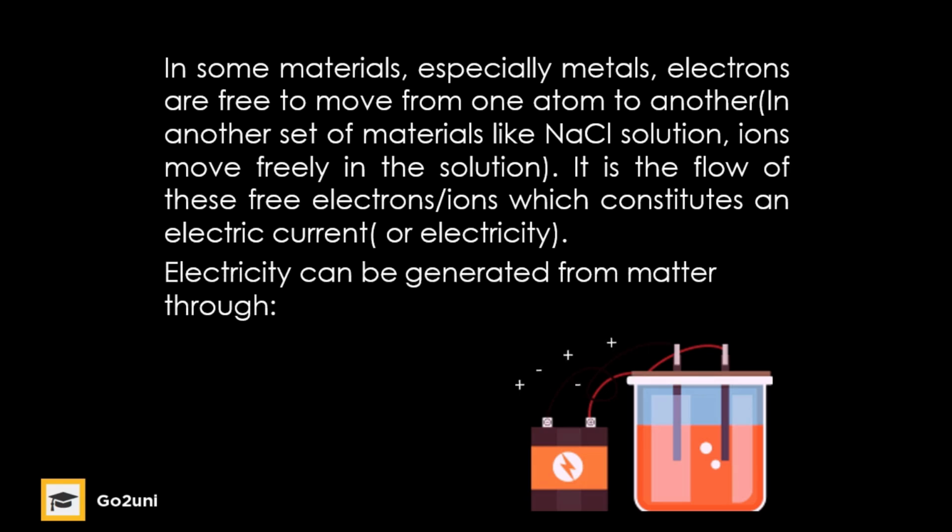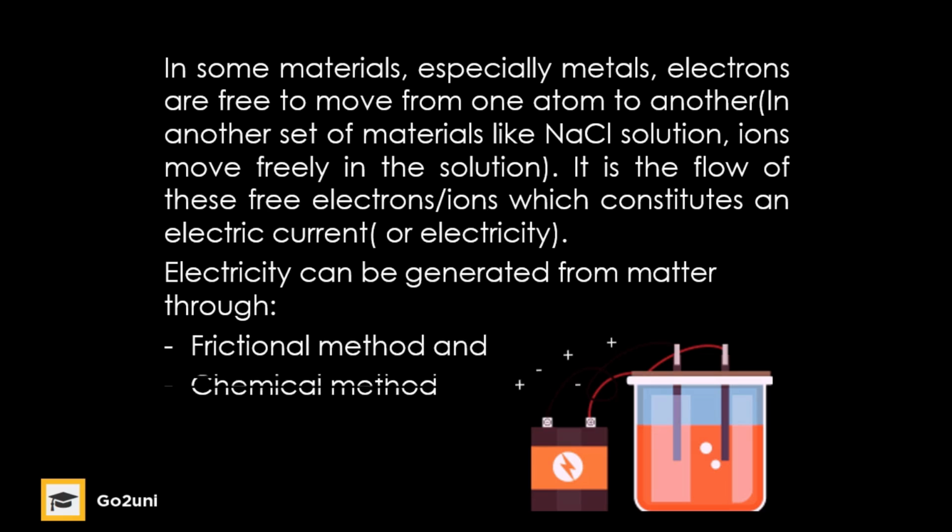For example, a solution of sodium chloride can permit the flow of electricity through it because of the presence of ions, which enables that process to occur. Now, electricity itself can be generated via frictional method or chemical method. So these are the methods that can bring about the generation of electricity.